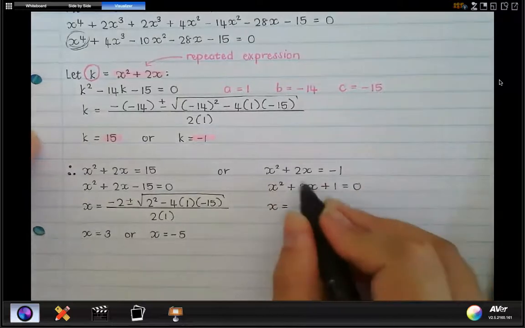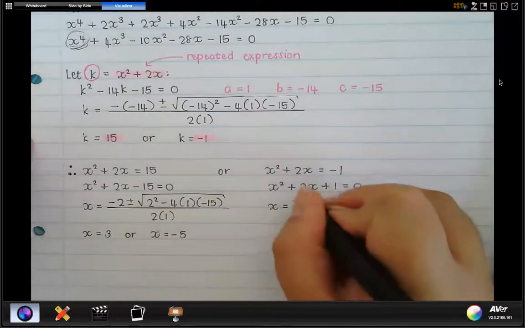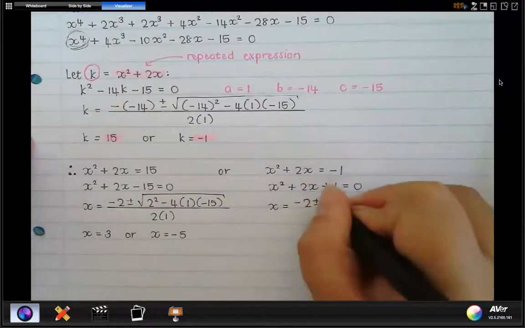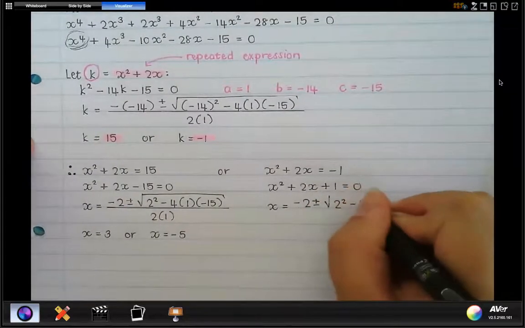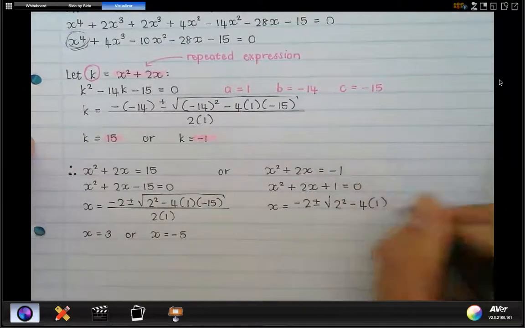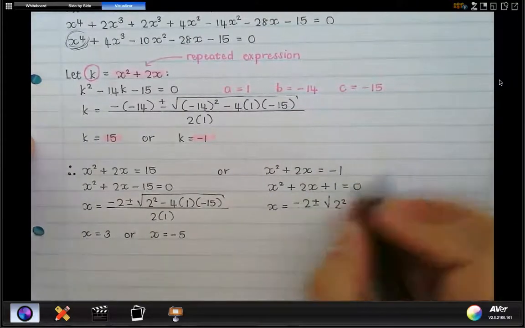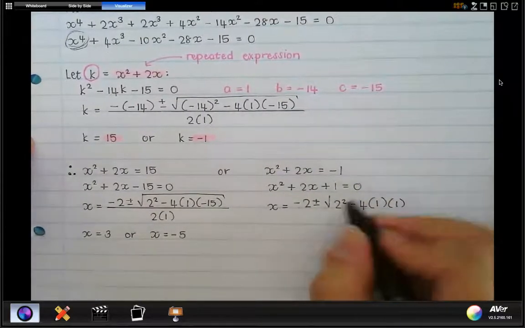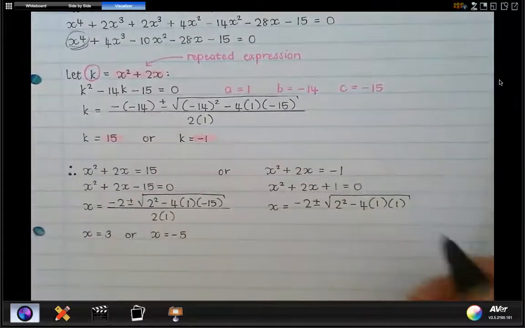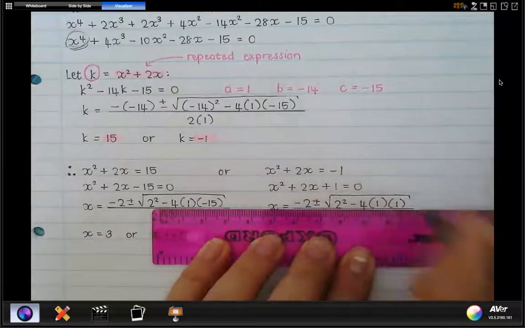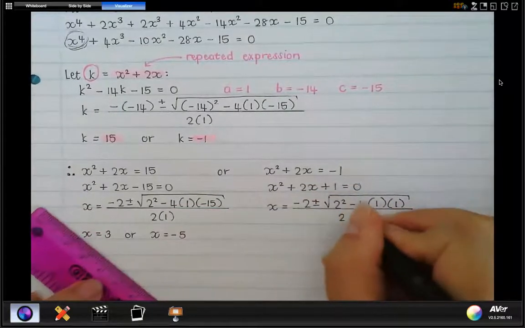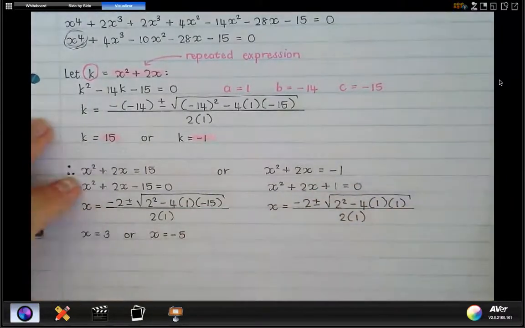So for the quadratic formula, b is 2, so it's going to be negative b, negative 2, plus or minus the square root of 2 squared minus 4 times a, which is 1, times c, which is 1 again, all over 2a, so 2 times 1.